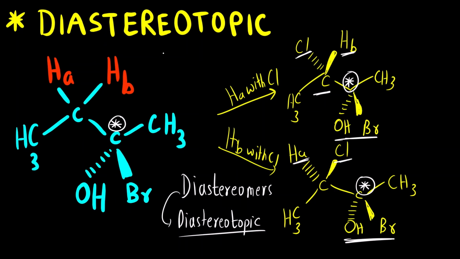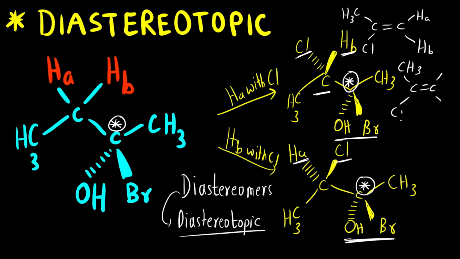Where else can we see diastereomers? In cis-trans isomers. Suppose I take an alkene: CH3, Cl, HA, HB. I'll draw the same molecule, and then we will replace them with some other group and see their relationship.